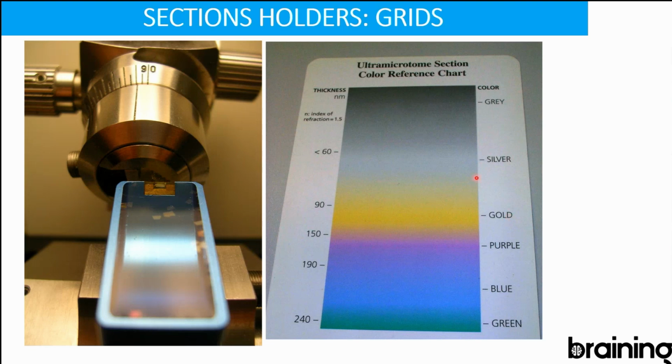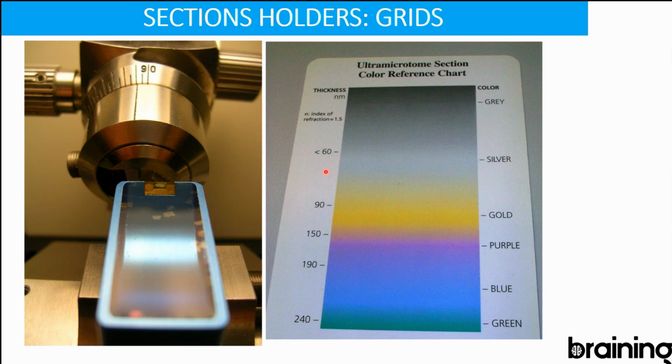Why this color? Why this thickness? Well, the electrons that we are using in this microscope are really good for passing through the sections, but the sections need to be of a certain thickness, because the electrons are not strong enough to cross over thick sections.